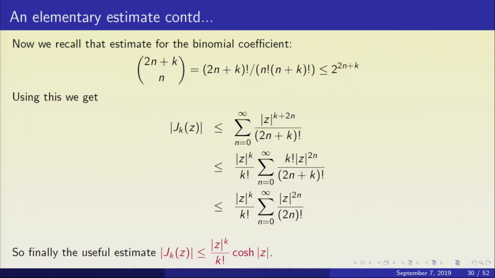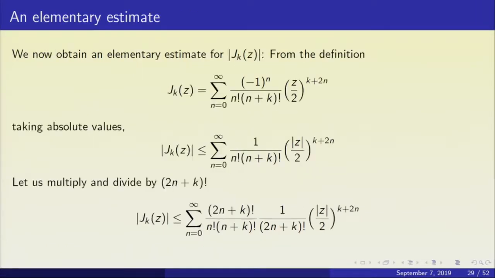That's an elementary inequality. So using this inequality, we get mod J_k(z) less than or equal to the summation n from 0 to infinity of mod z to the power k plus 2n upon (2n plus k) factorial. What's going on is that the (2n plus k) factorial upon n factorial into (n plus k) factorial cancels the 1 upon 2 to the power k plus 2n.